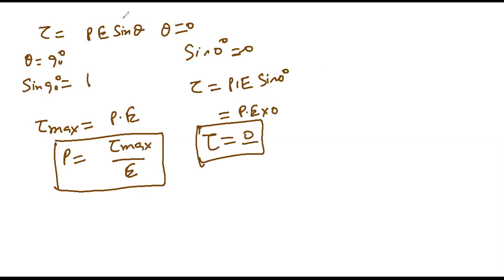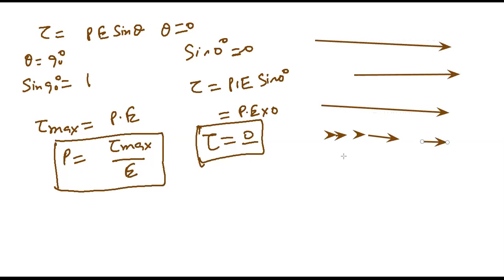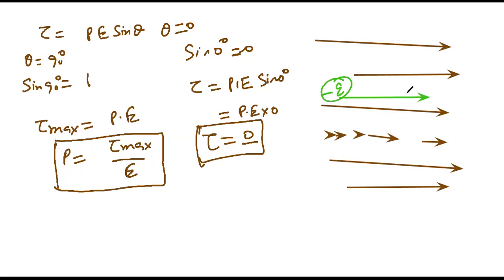So suppose your electric field is like this. What is the meaning of this? So electric field is like this. And if you keep a dipole in this way, minus q is here and plus q is here, so no force will work.